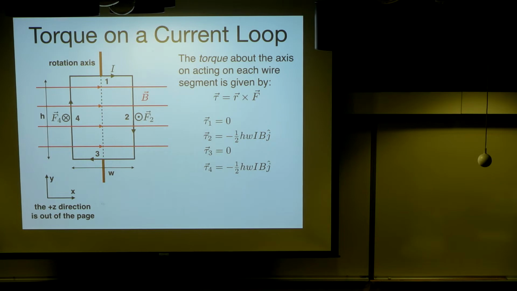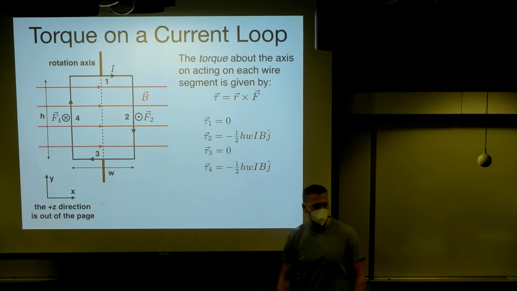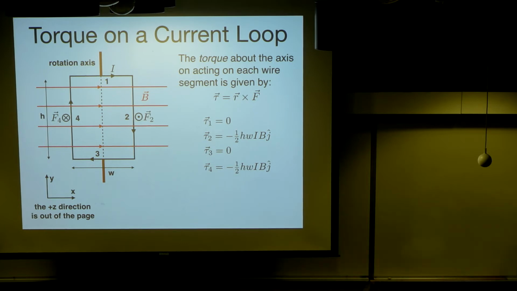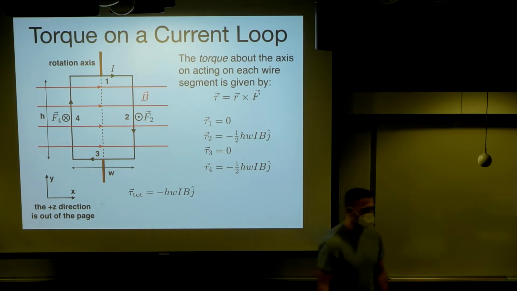And then for number 4, same as for number 2, okay? So let's try adding these together. If you just add them together, we'll just get rid of the 1/2 factor, right? Should be pretty straightforward, just half plus a half. The total torque is just minus WHIB in the negative y direction, okay?